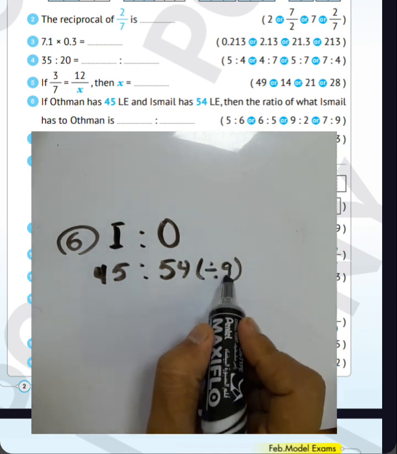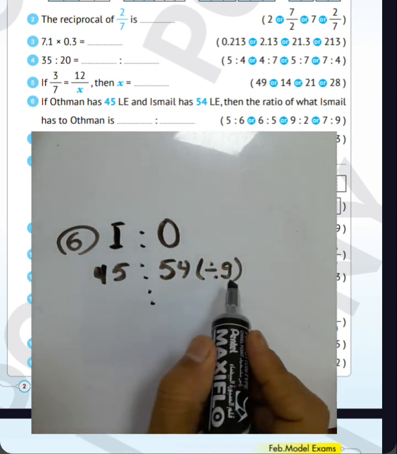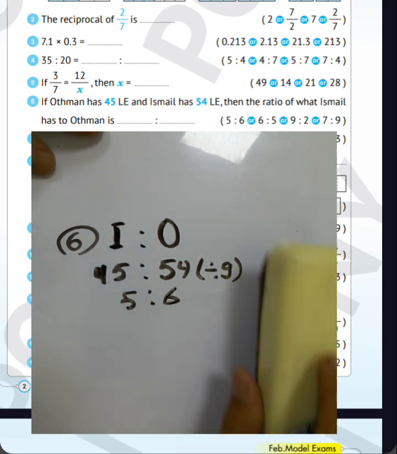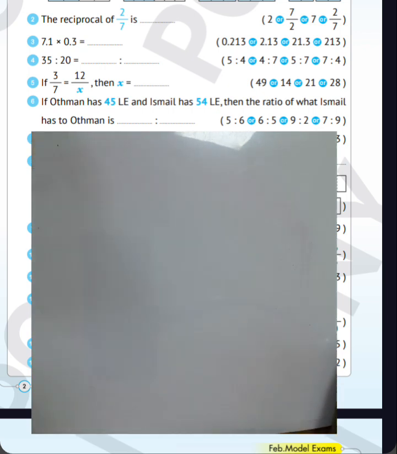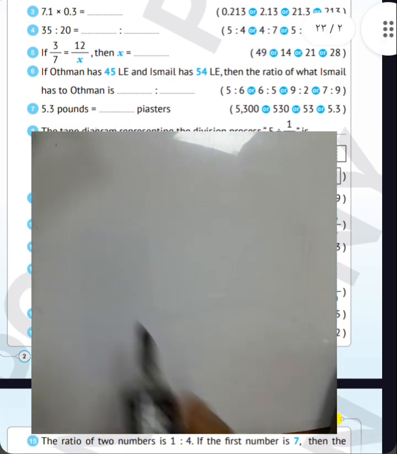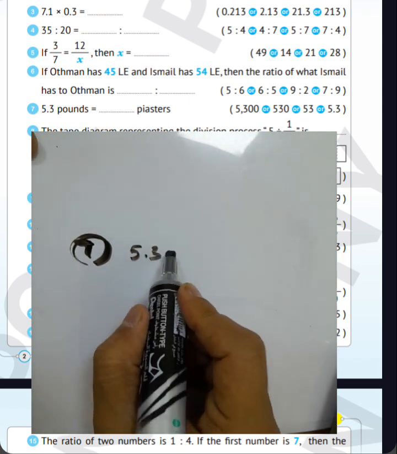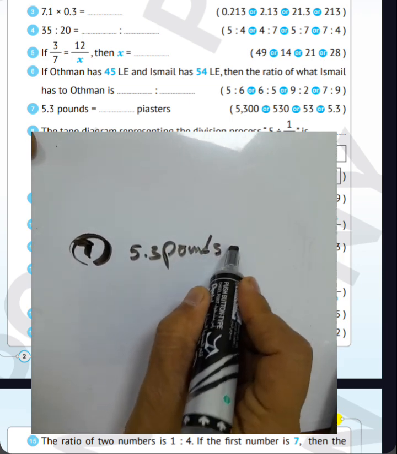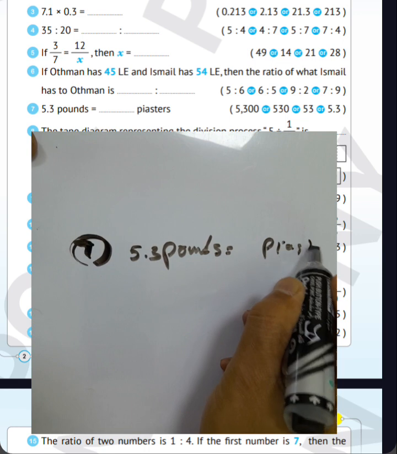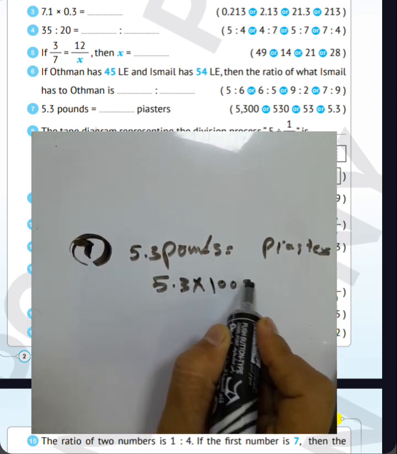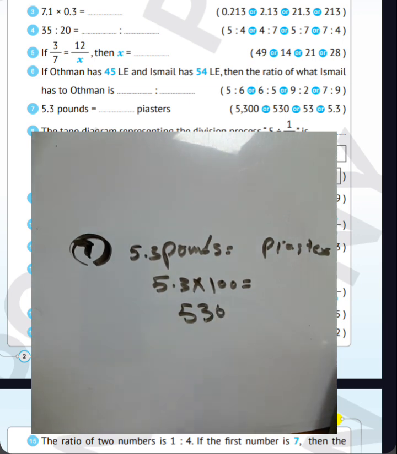Divided by 9. 45 divided by 9 equals 5, and 54 divided by 9 equals 6. The ratio will be 5 to 6. Question 7. We have 5.3 pounds, 2 piastres, multiplied by 100. The result will be 530.